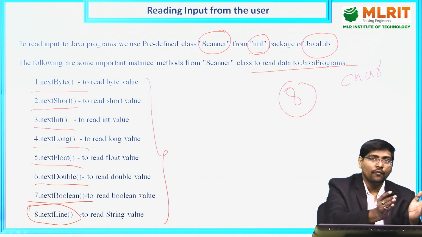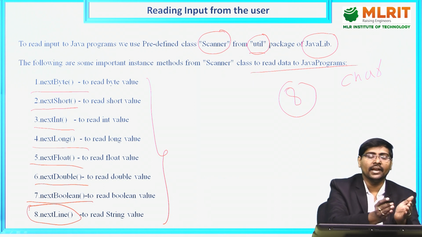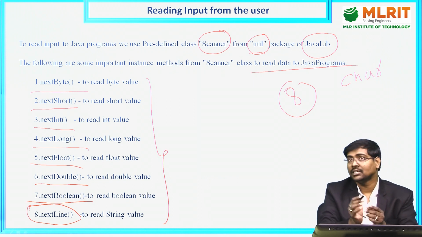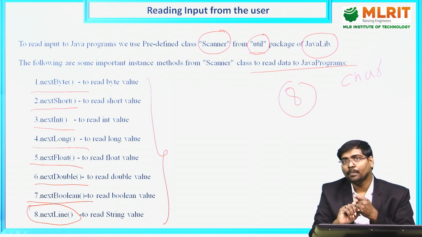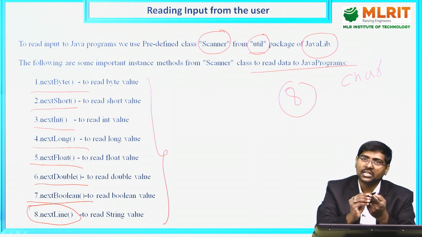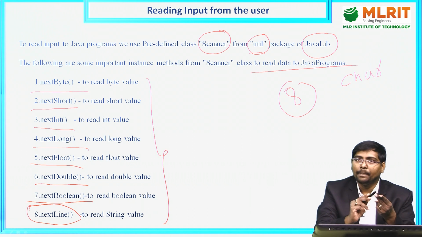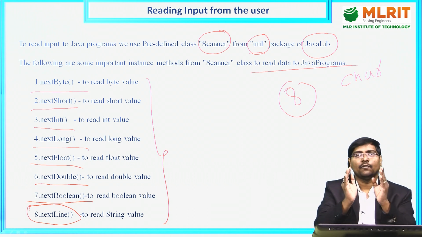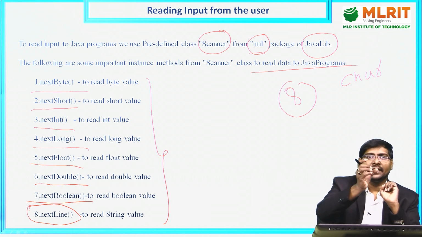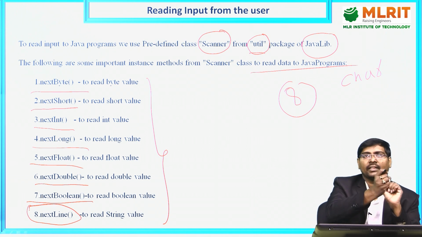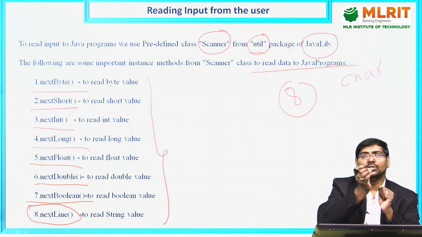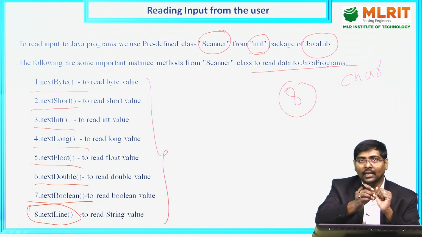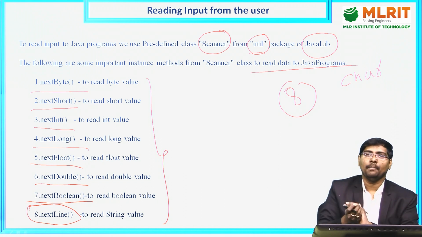Anyway, before knowing the syntax and how to use these methods, what is the first step? Whether it is a user-defined class or a predefined class, the first step is to create an object for the class. By using that object only, we can access the members.